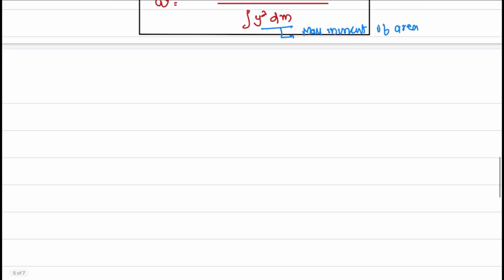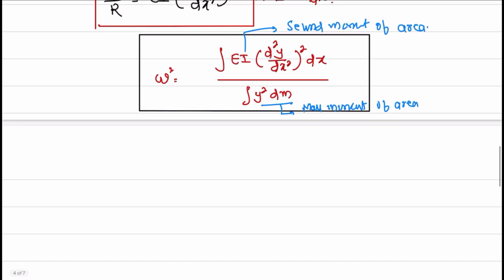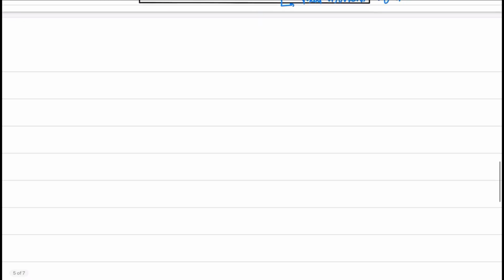Now, omega square is equal to integral EI d square y by dx square whole square dx whole divided by integral y square dm. This is the natural frequency. This is the equation for the natural frequency.